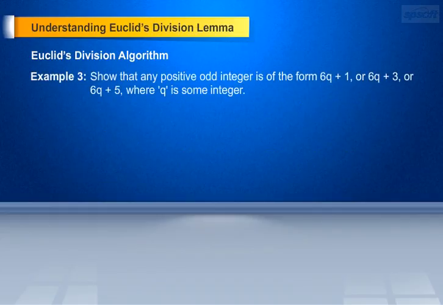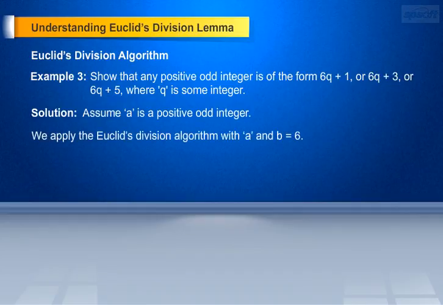Example 3. Show that any positive odd integer is of the form 6q plus 1, or 6q plus 3, or 6q plus 5, where q is some integer. Solution. Assume a is a positive odd integer. We apply Euclid's division algorithm with a and b equals 6.